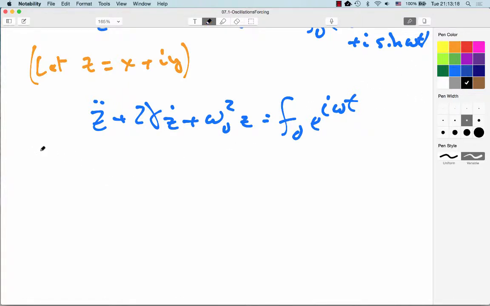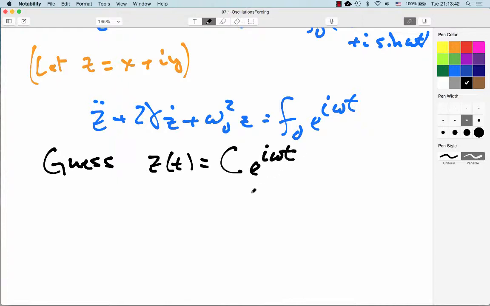And so using the time-honored method of solving any differential equation, which is guess and check, we guess a solution of z of t equals some constant, possibly complex, times e to the i omega t.